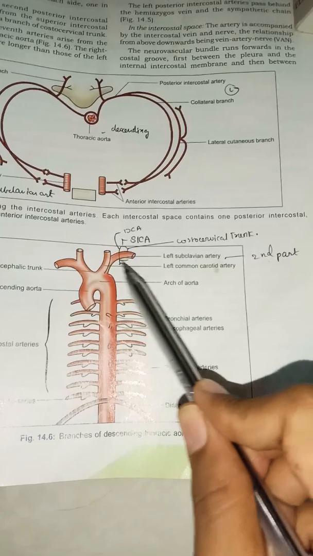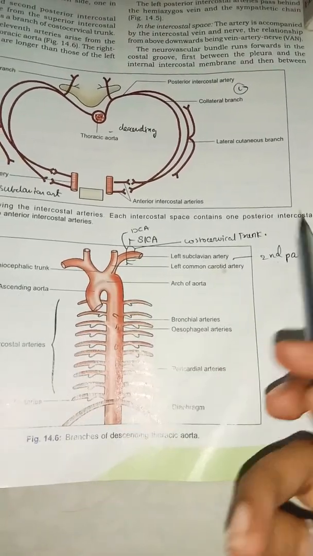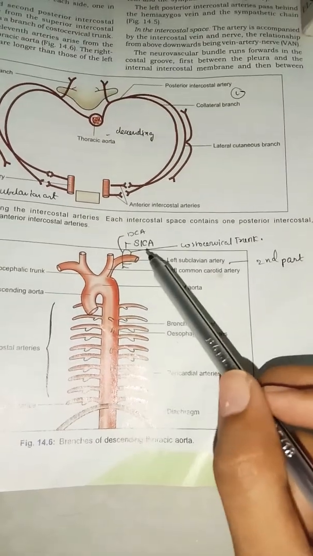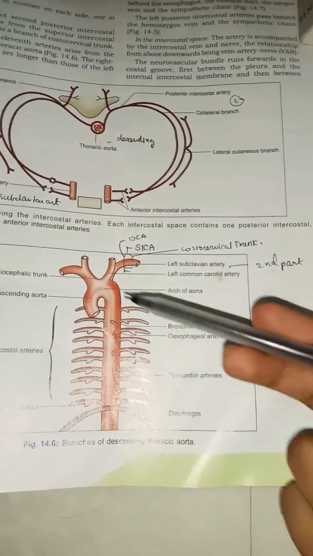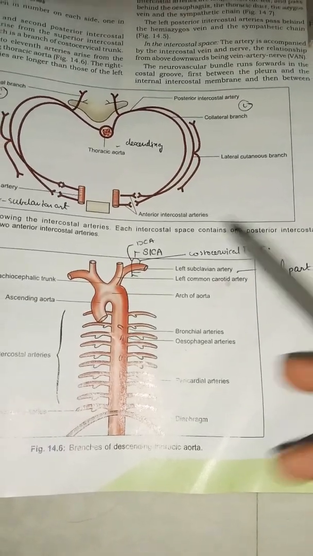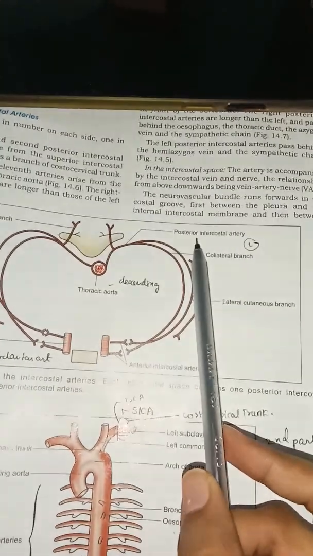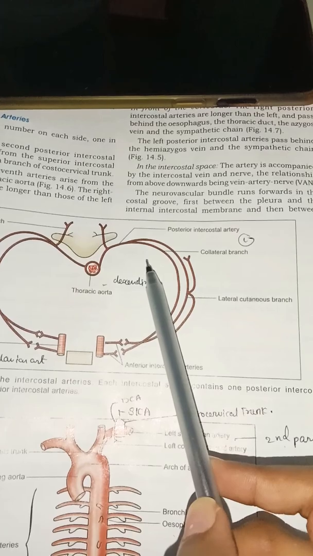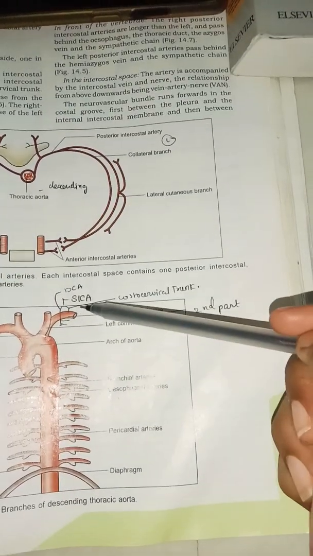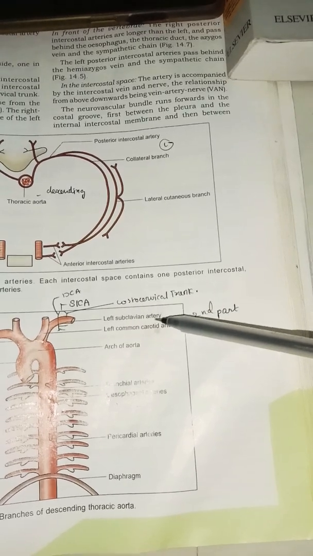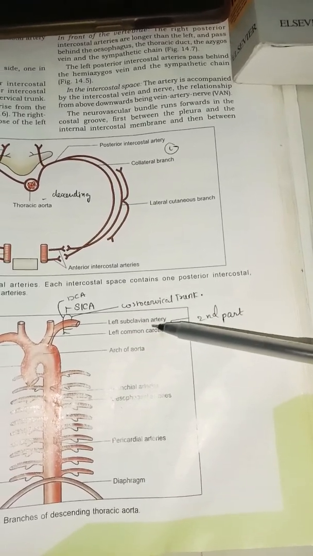The superior intercostal artery gives branches to the first two spaces, and from the third space onwards the posterior intercostal arteries take charge. The superior intercostal artery is a branch of the costocervical trunk, which comes from the second part of the left subclavian artery.